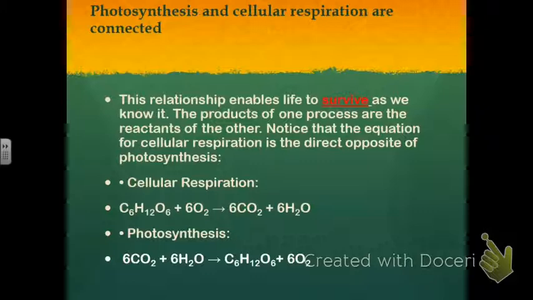The products of photosynthesis are the reactants of cellular respiration. So you have two chemical reactions taking place in different organelles that meet the energy needs of all life and enable it to survive.